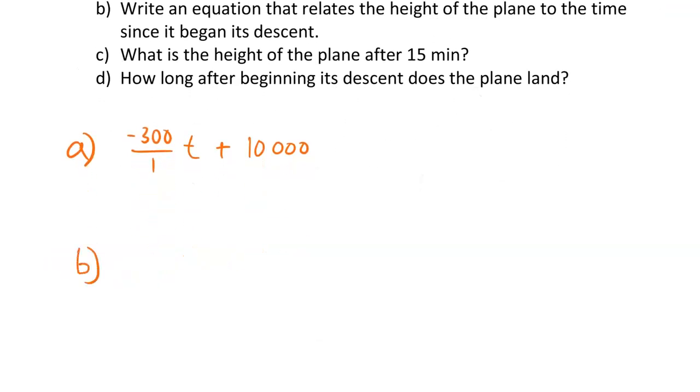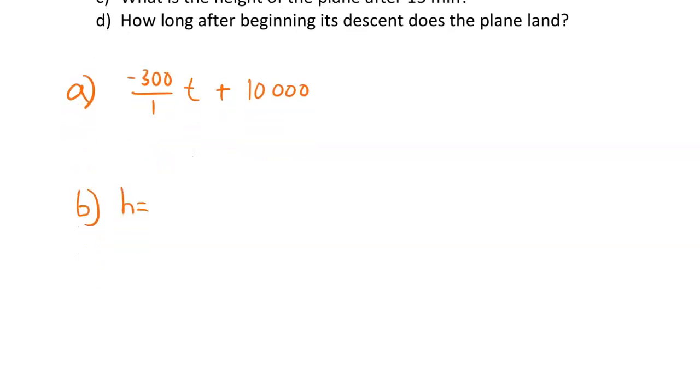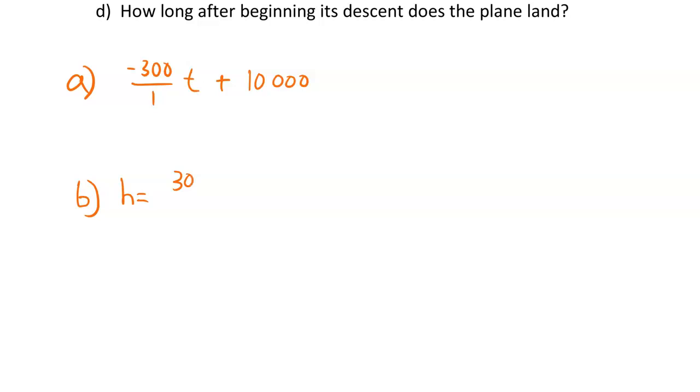If we were writing an equation, this is where h equals negative 300 over 1 t plus 10,000. This would be our equation because we can actually calculate something here, where an expression doesn't have your equal sign.